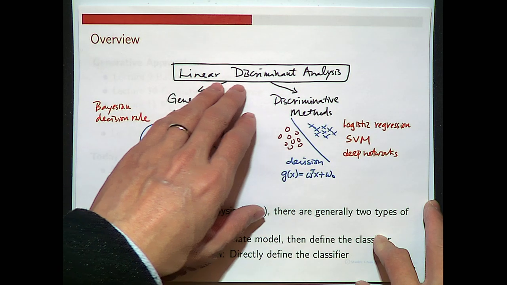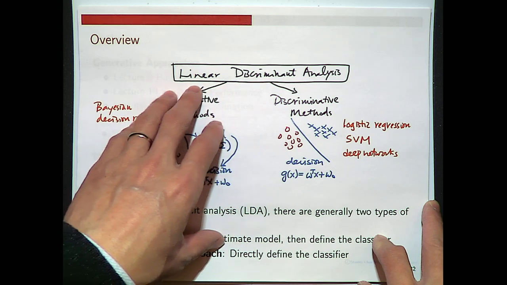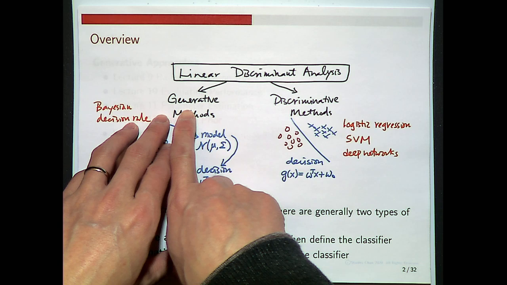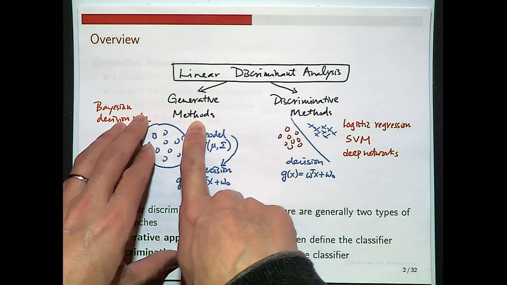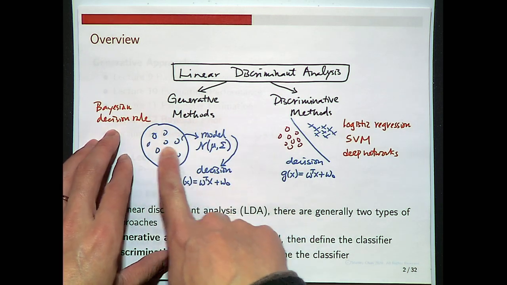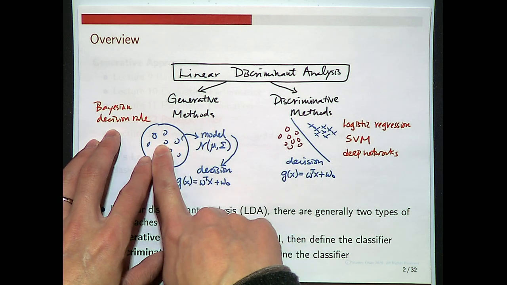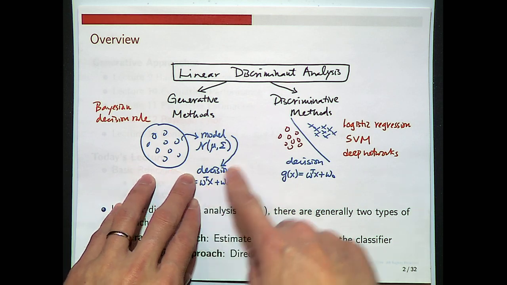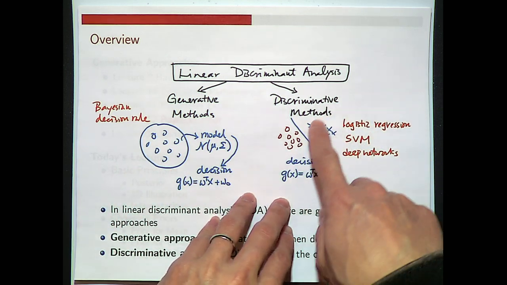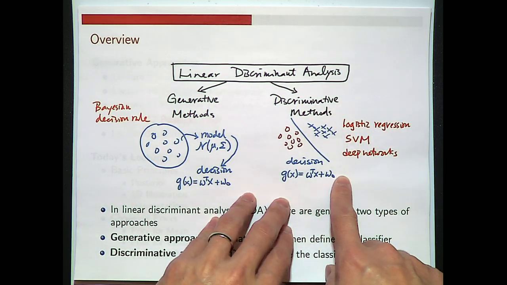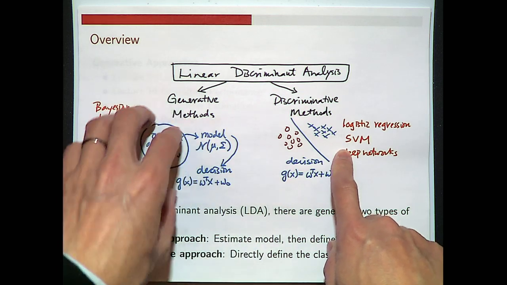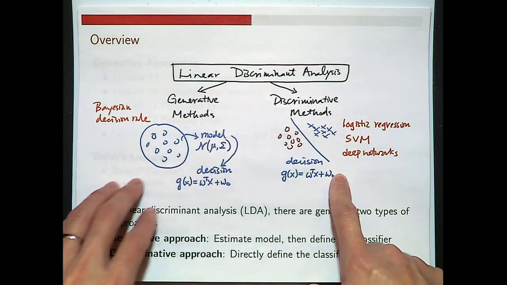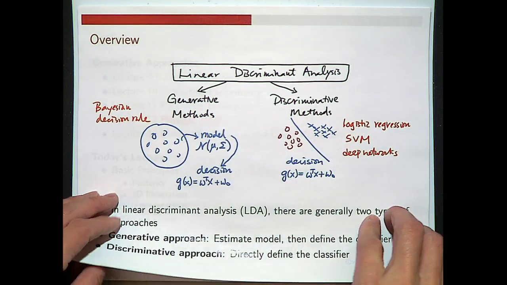And then we are using this general principle, which is called linear discriminant analysis, within which we are looking at generative models, meaning that we are going to look at the data and then come up with a model, estimate the model parameters, and then define the separating hyperplane. Afterwards, we are going to spend some time talking about discriminative methods, which don't really rely on models. Okay, so you are going to define the separating hyperplane strictly from the data set.